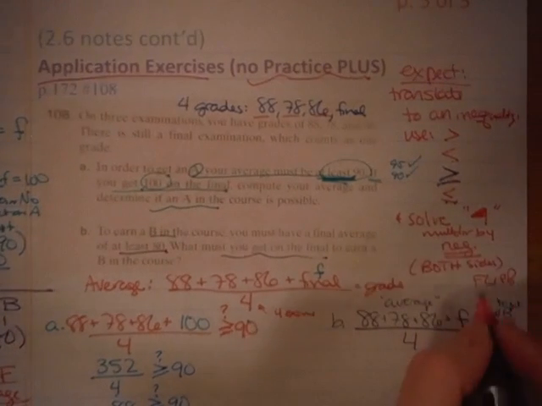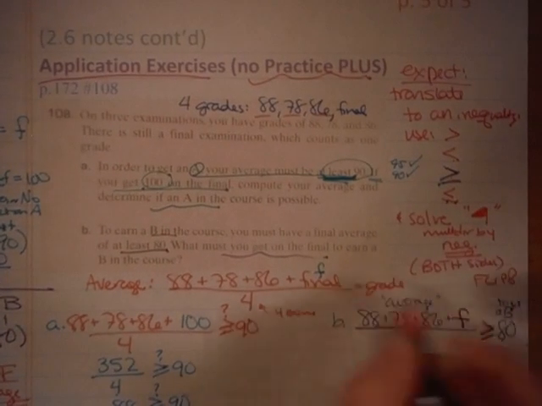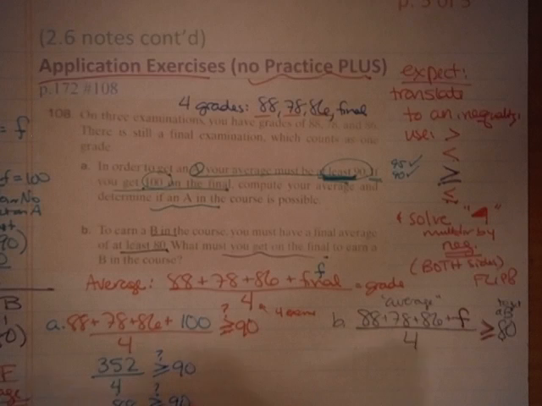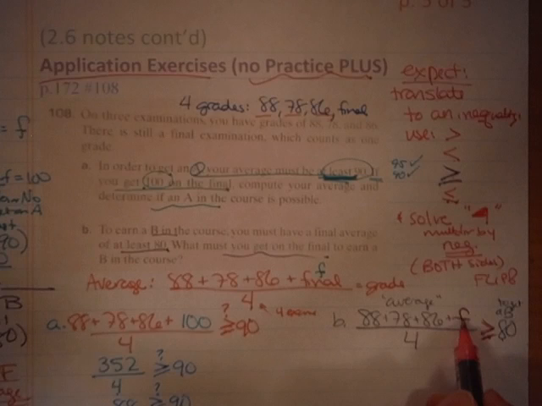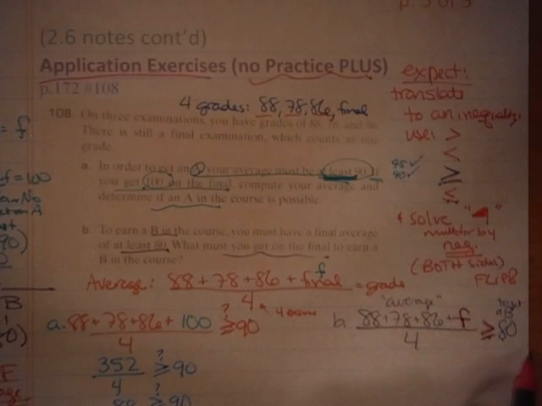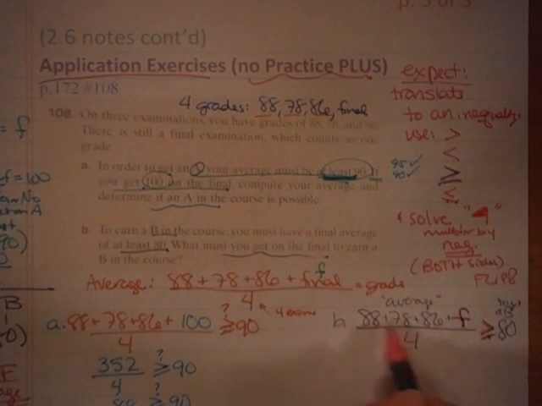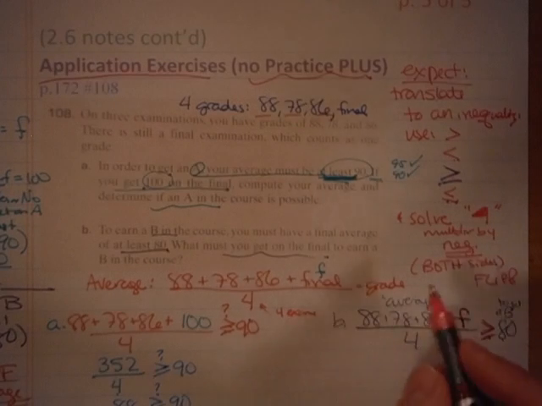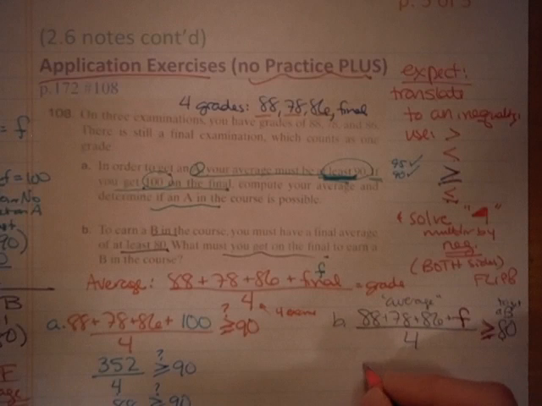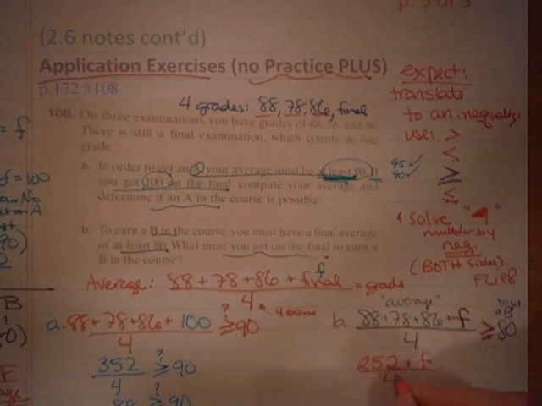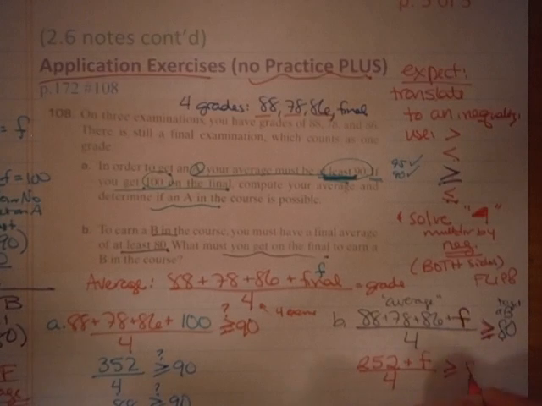So now we want to solve this inequality. Before we were just comparing. Now we're going to actually get a chance to solve this inequality. So we need to get F by itself. So let's go ahead and look for parentheses. There's not. There are like terms on this left side. All these numbers. So we combine 88 plus 78 plus 86. We get 252 plus our final exam, the whole thing over 4, is greater than or equal to 80.